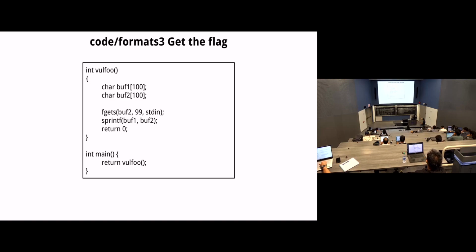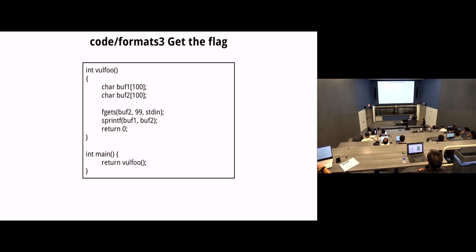Then we will have an fgets. The fgets will read 99 bytes, including the newline, so 100, into buff2. So with this fgets, we cannot overflow the return address, right? We cannot, because this is exactly the size, actually 1 byte more than buff2, so we cannot overwrite that.